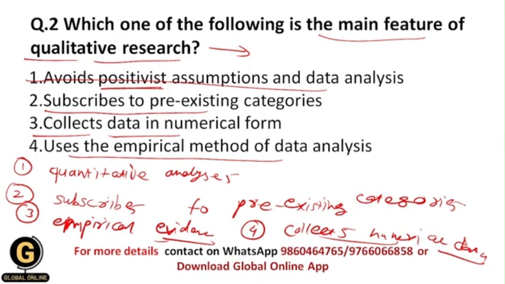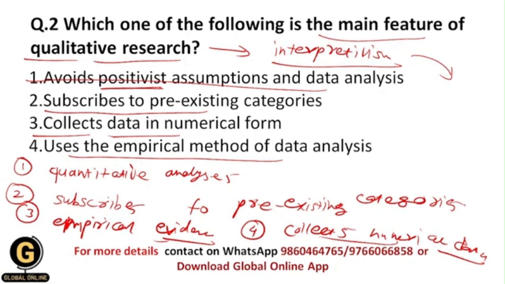Basically, qualitative research believes in the interpretivism paradigm, and it disregards positivist assumptions and statistical data analysis. Basically the interpretivism paradigm is based upon our intuitions or our thinking power, not the empirical evidence.